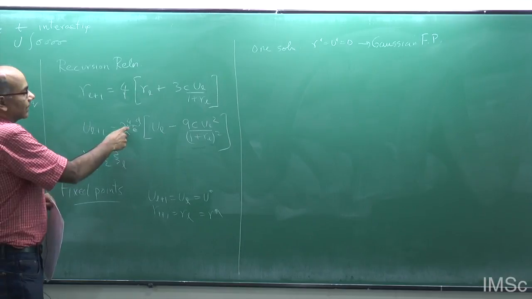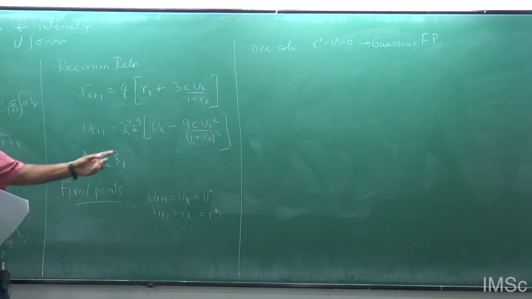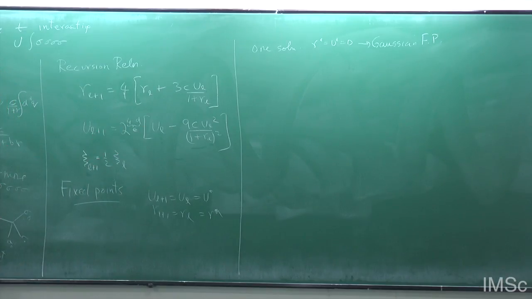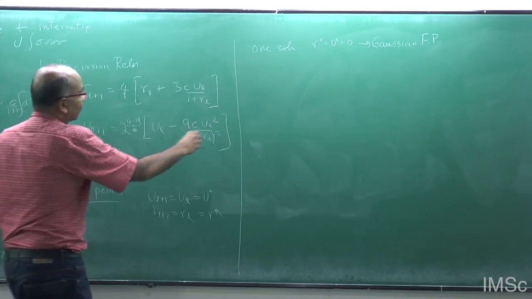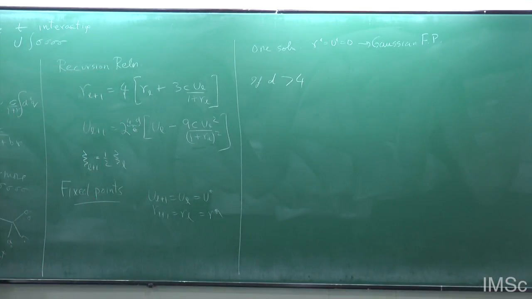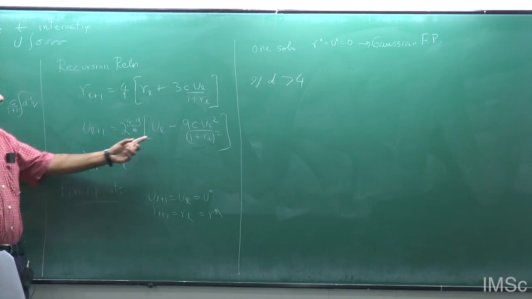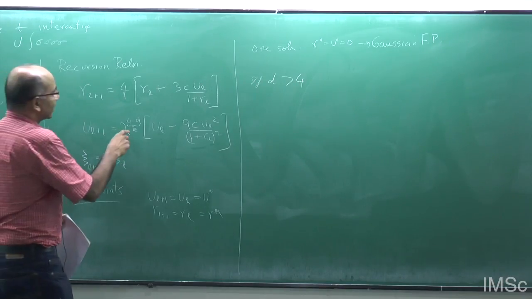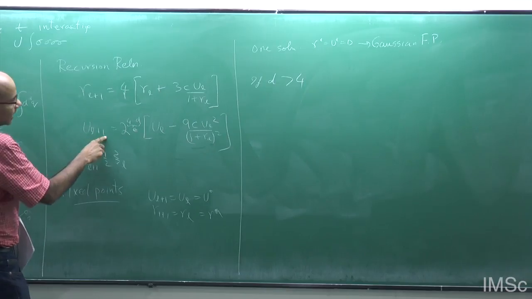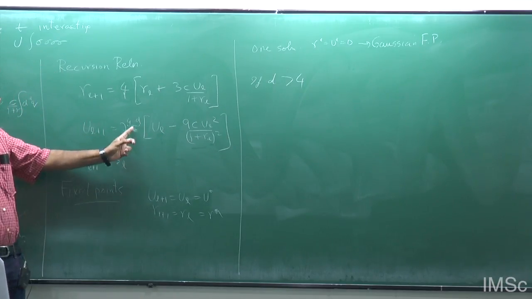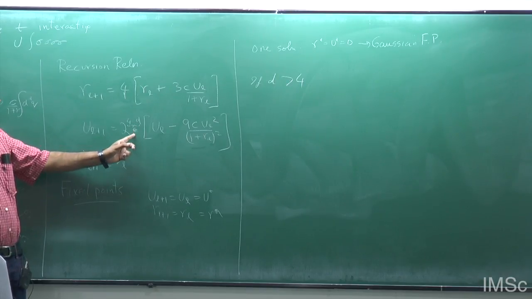And the trick that Wilson employed was to use this as a parameter and do the calculation in the 4 minus d direction. Now the first thing you can see is if d is greater than 4, of course u equals 0 is always a fixed point. We want a non-trivial fixed point. But if d is greater than 4, you can see that u_{L+1} is going to be smaller than u_L each time, because this factor is less than 1.